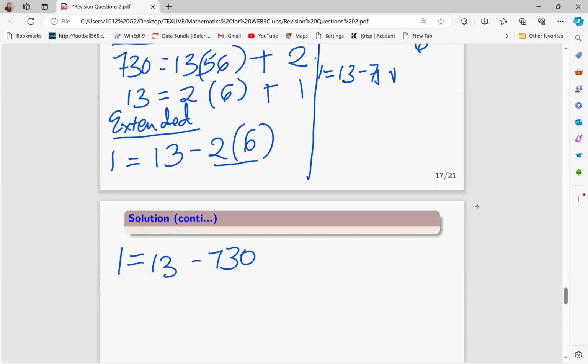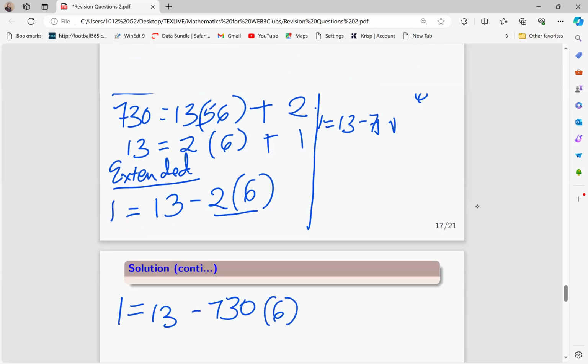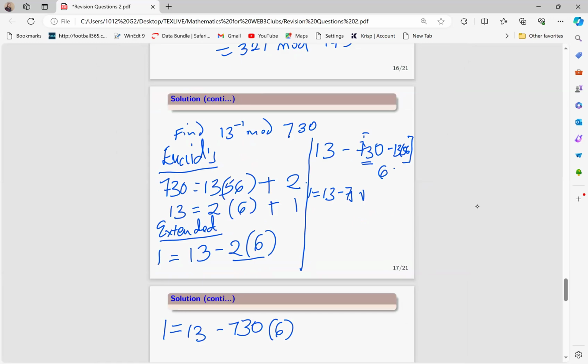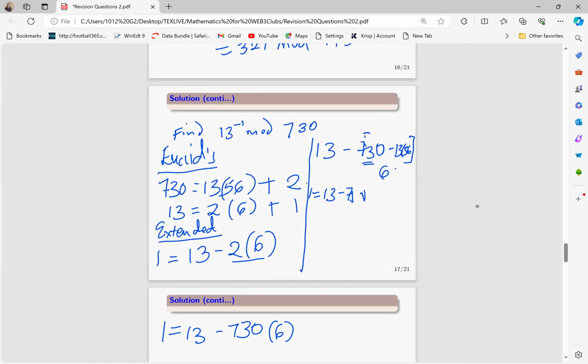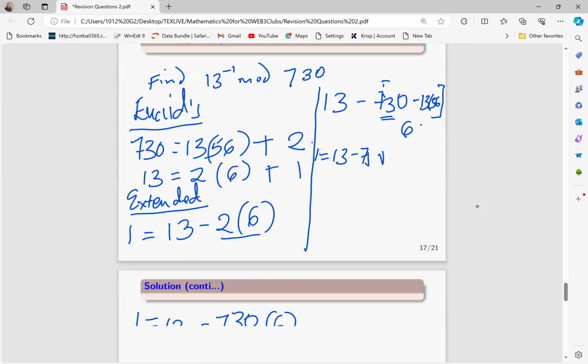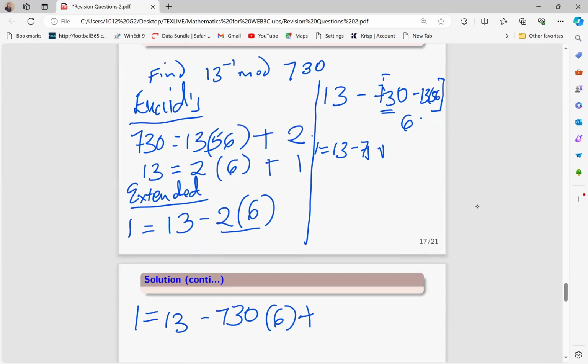So it becomes 1 is the same as 13 minus 730 times 6 plus 13 times 56 by 6. What is 56 by 6? 336.